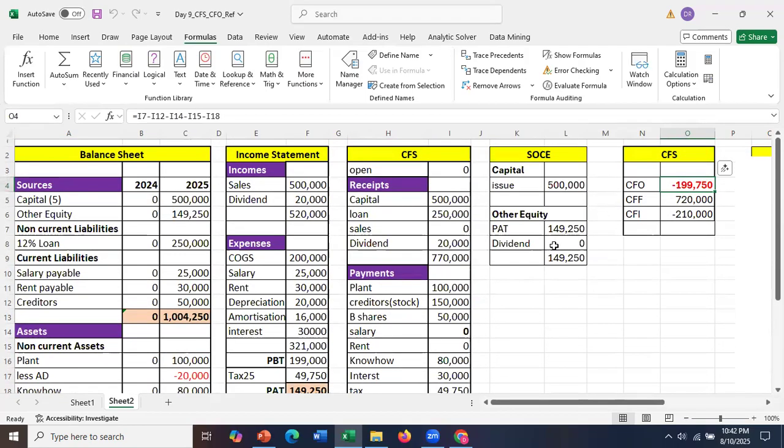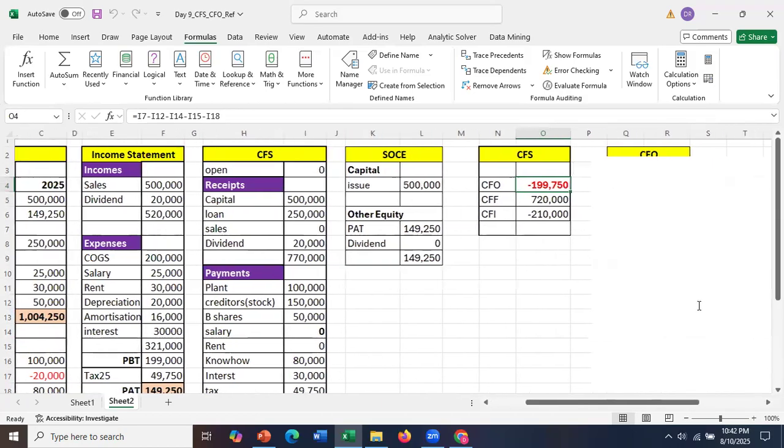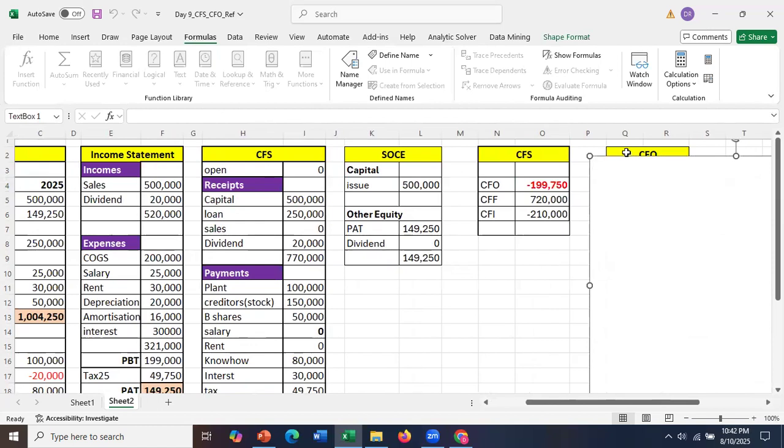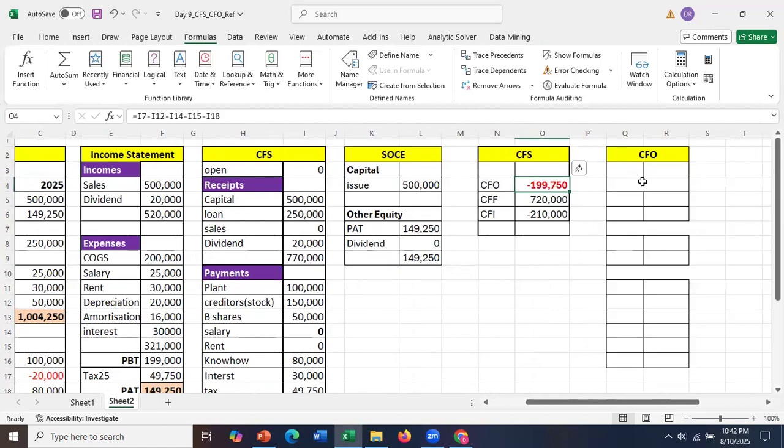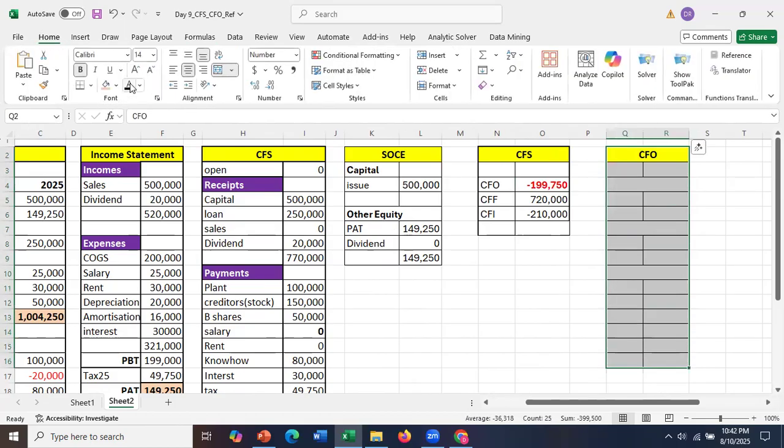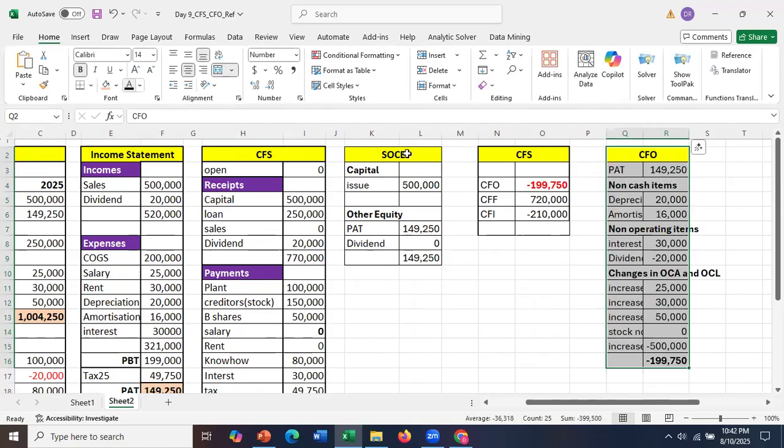Or in other words, let us see the indirect method of deriving CFO. Let me put all items together.